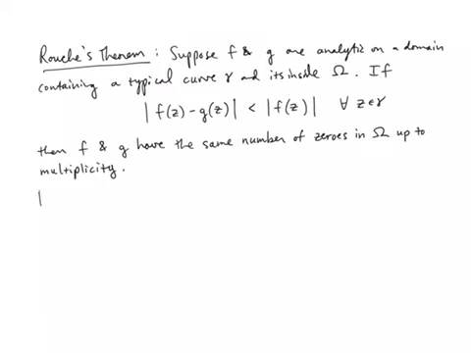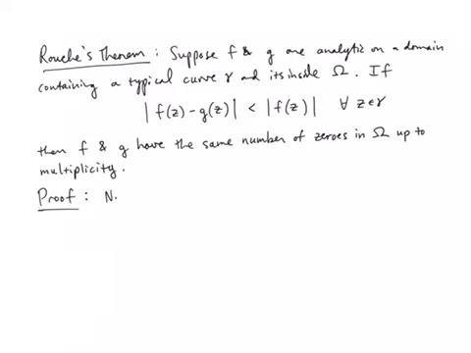So for the proof of this, we want to try to apply the argument principle. And in order to apply the argument principle, we want to know that our functions are not zero on the curve gamma.